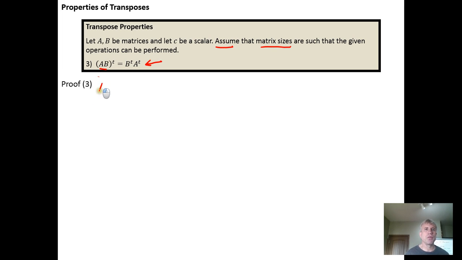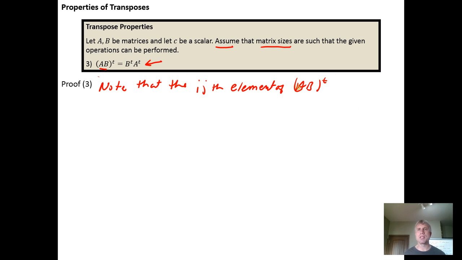So we'll look at the left side first. Note that the ijth element, so this is the ith row, the jth column, the ijth element of (AB) transpose. So what does this look like?